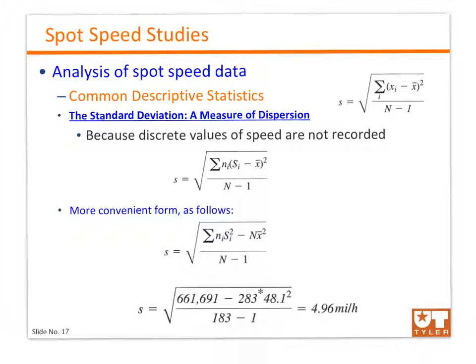For our case, the major thing was the summation of the last column, which is 661,691, minus the number of observed cars, which is 283, times the average squared, over N minus 1, which is 283 minus 1. That tells you the standard deviation was 4.96 miles per hour.